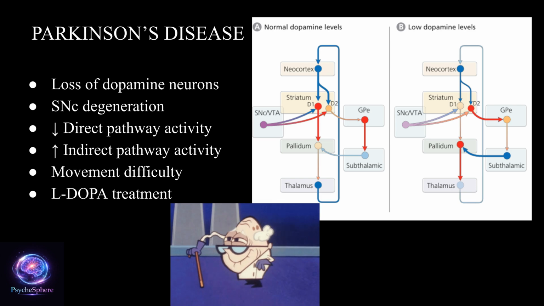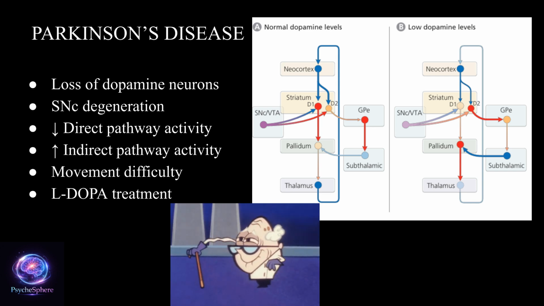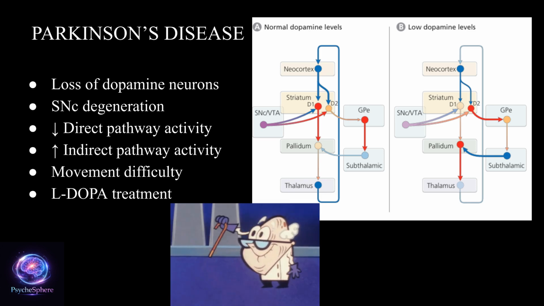So the thalamus cannot activate the cortex properly, and movement becomes very difficult to initiate. That's why patients show slow movement, stiffness, and difficulty starting actions. The treatment often involves a medication named L-Dopa, which increases dopamine levels temporarily.